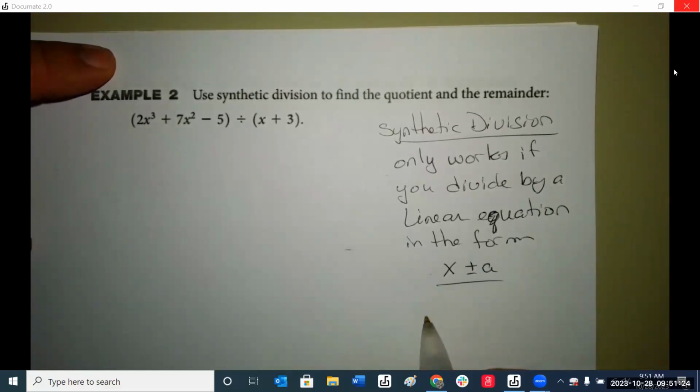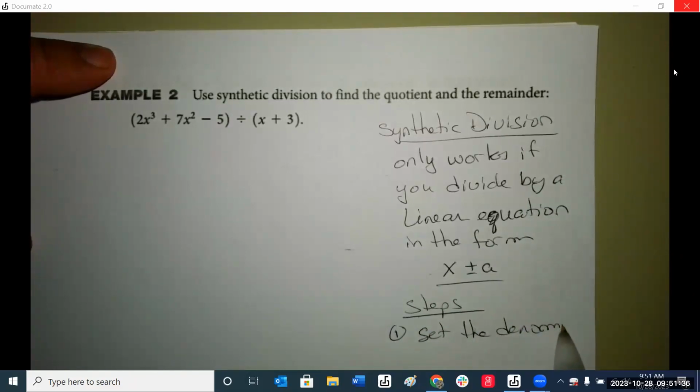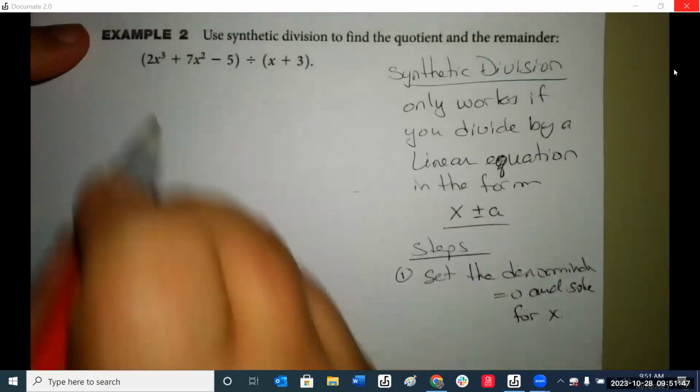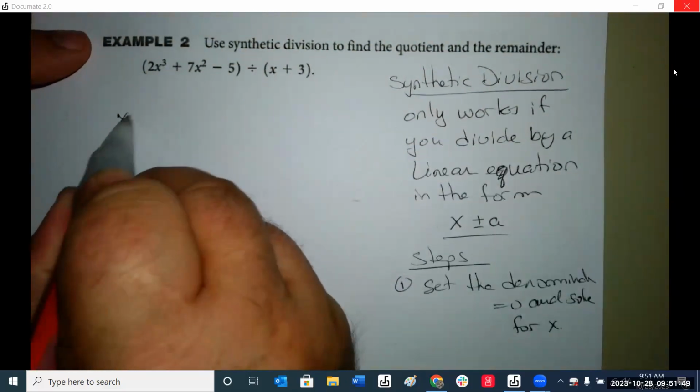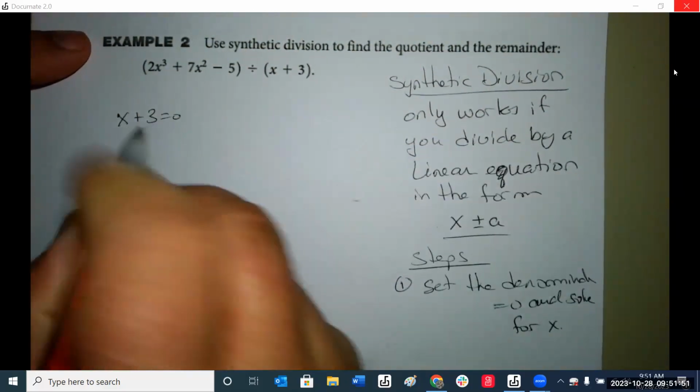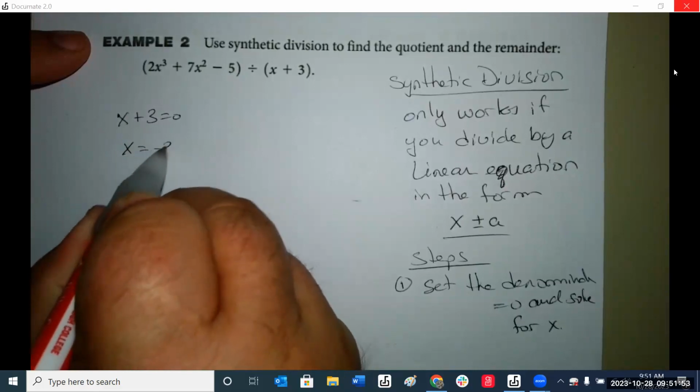The way you do synthetic division: set the denominator equal to 0 and solve for x. So first thing we have to do here is take our denominator, x plus 3. So x is equal to negative 3.